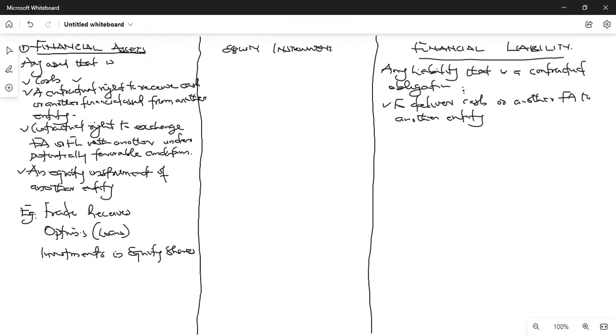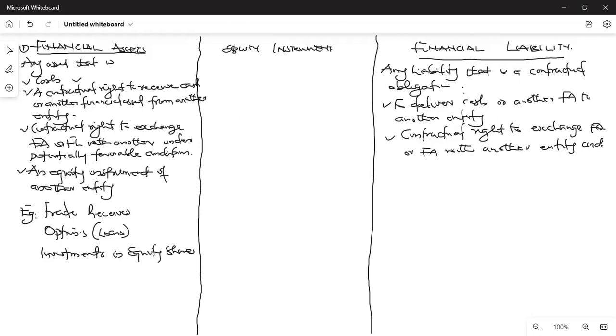Secondly, it is a contractual right to exchange, so same here, exchange financial assets or financial liabilities with another entity, under potentially unfavorable conditions.